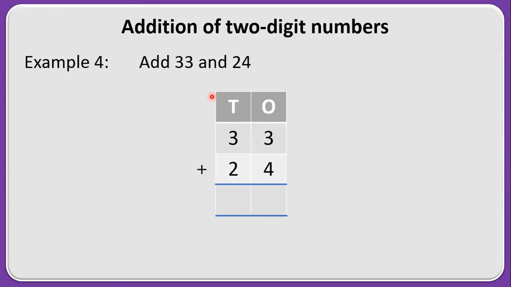So after writing the given numbers like this, we will add the numbers. Let us count the digits in ones place, that is 3 and 4.